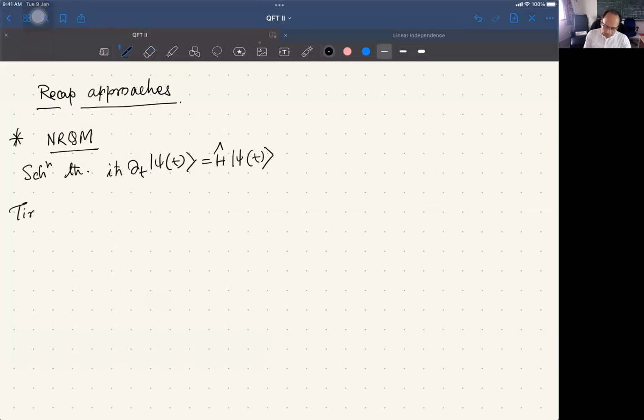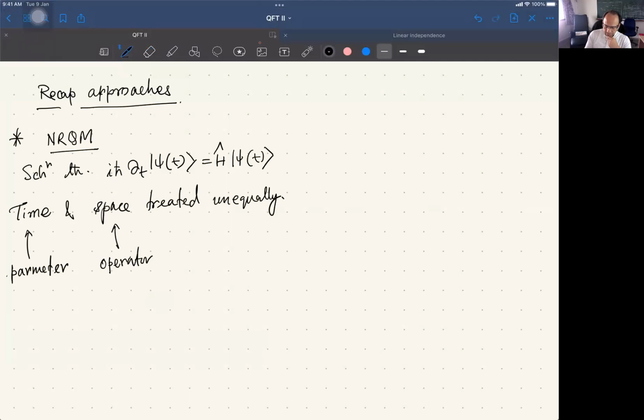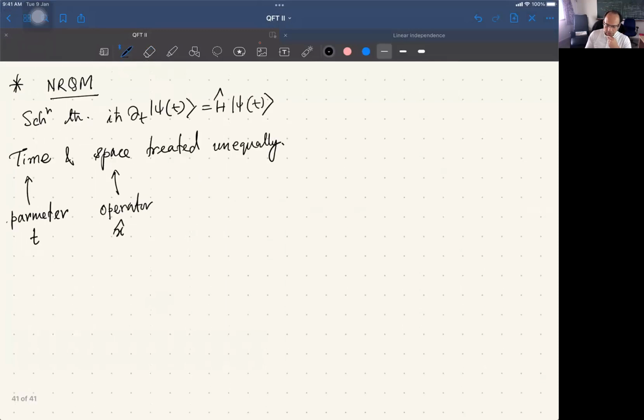Time and space are treated unequally. Time is a parameter, while x is an operator. And this is what one may call a space-time approach.